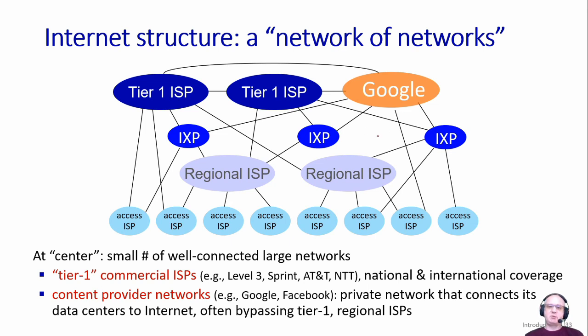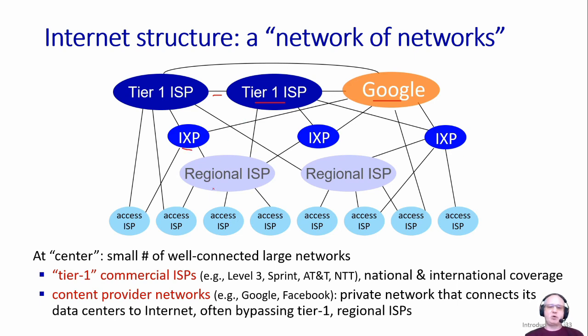Okay, so the picture today is that we have these networks by these large content providers such as Google. We have traditional so-called tier one ISPs, right? These are the major ISPs that form the backbone of the internet, they connect to everywhere. They typically peer with each other without asking for money. So they exchange traffic on a peer-to-peer basis connected to these IXPs.